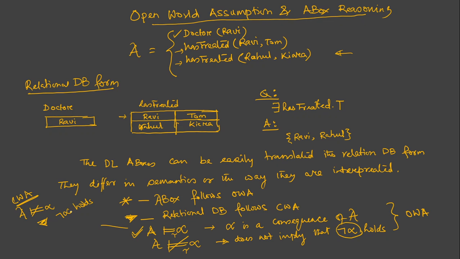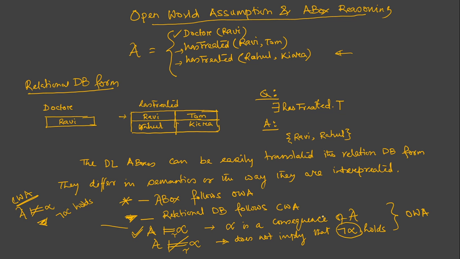So the negation of alpha holds. But in open world assumption, we do not say that not alpha is true or alpha is false. We cannot say that for sure, right? So that is the basic difference when we process something in a description logic way, or in the relational DB way, right?